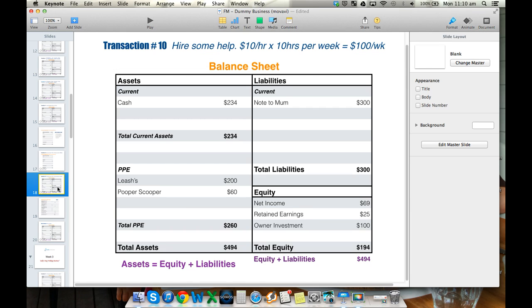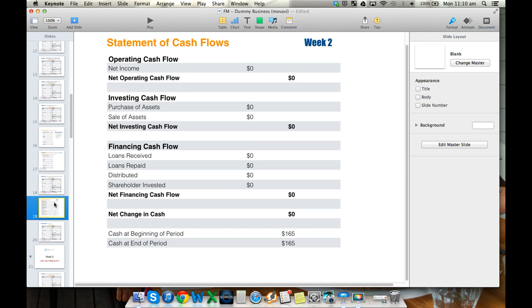Okay, to wrap up for week 2, before we roll up our earnings, we'll take a look at our statement of cash flows. So statement of cash flows, to remind you on this one, we've got 3 types of cash flow: operating cash flow, investing cash flow, and financing cash flow. Operating cash flow is physical cash that comes in and goes out from things relating to operating the business, like making sales and paying expenses.